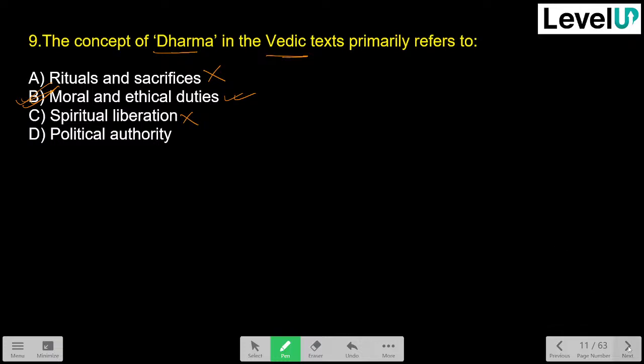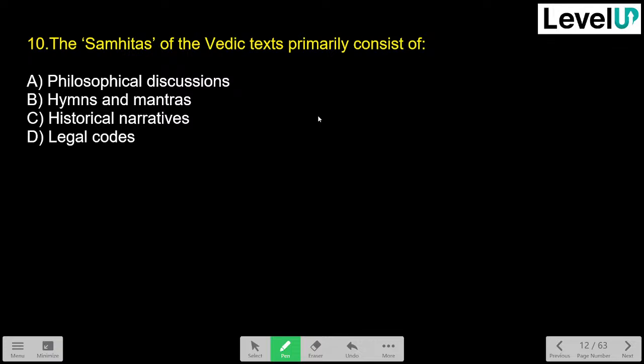Okay. Question number 10. The Samhitas or the Vedic text primarily consists of what? Samhitas are known as the Vedas. Primarily this text consists of hymns and mantras, right?